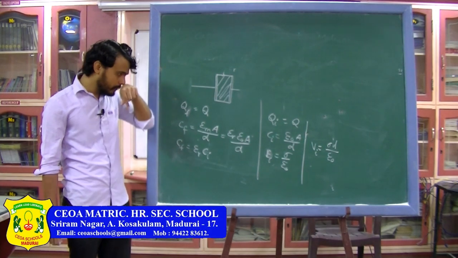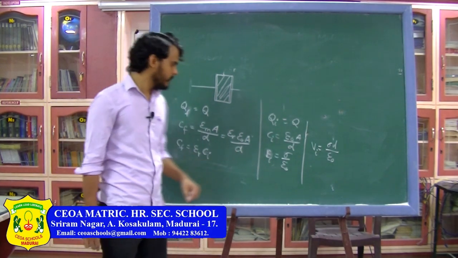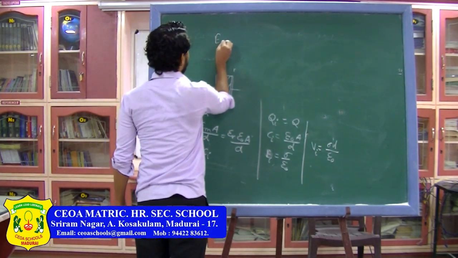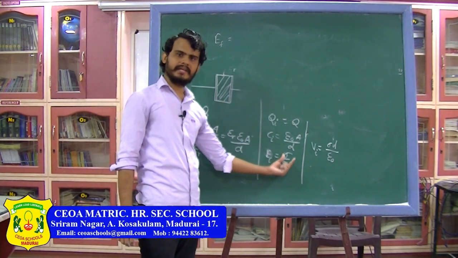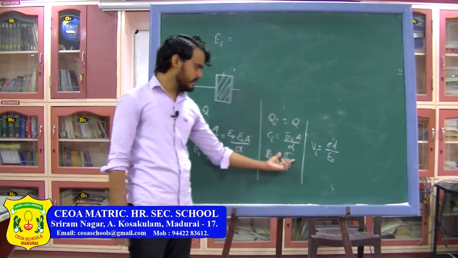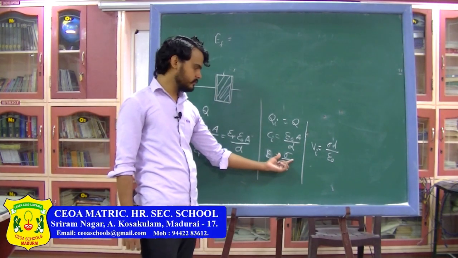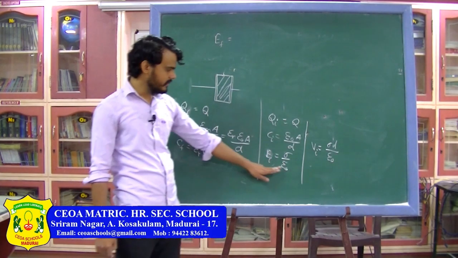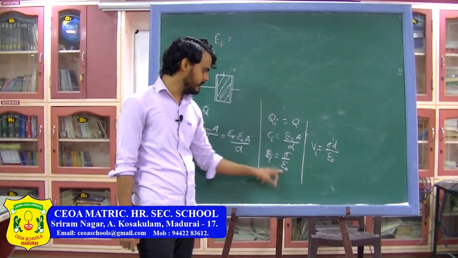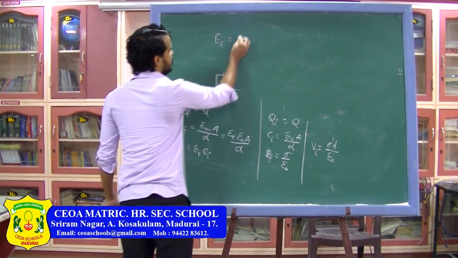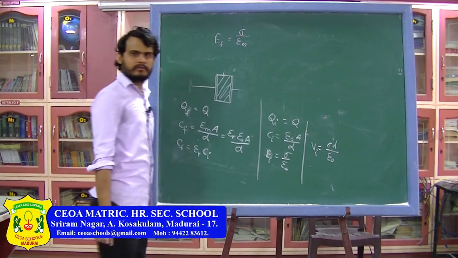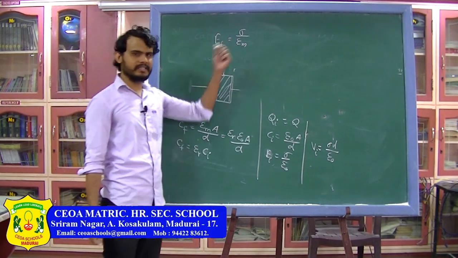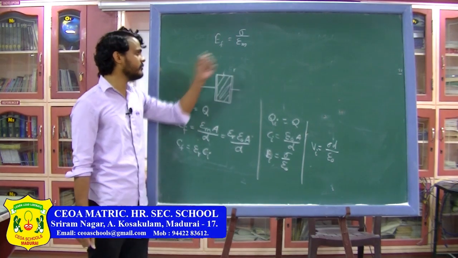Now let us talk about what happens to the electric field. Electric field final can be written as sigma final, and sigma final again can be written as Q divided by A. So here the charge is not changing, so sigma will also not change, area is also not changing, but we are changing the medium between the capacitor plates. So here electric field will become sigma divided by epsilon naught m. We know that in a medium electric field decreases by a factor of epsilon r.